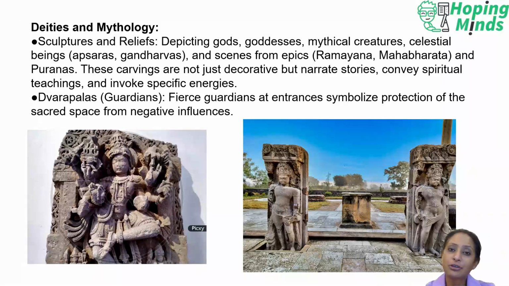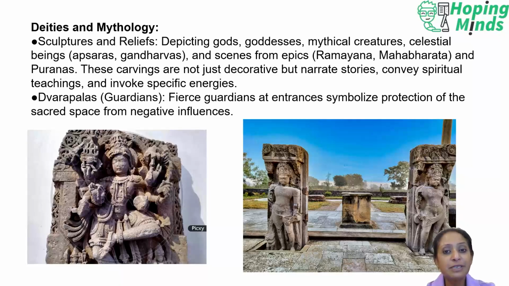Deities and mythology. Sculptures and reliefs depicting gods, goddesses, mythical creatures, celestial beings, apsaras, gandharvas, and scenes from epics like Ramayana and Mahabharata and the Puranas. These carvings are not just decorative but narrate stories, convey spiritual teachings, and invoke specific energies.